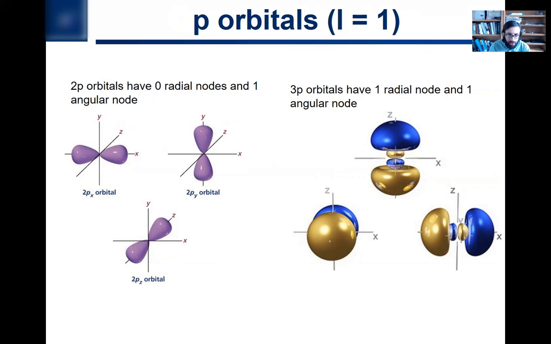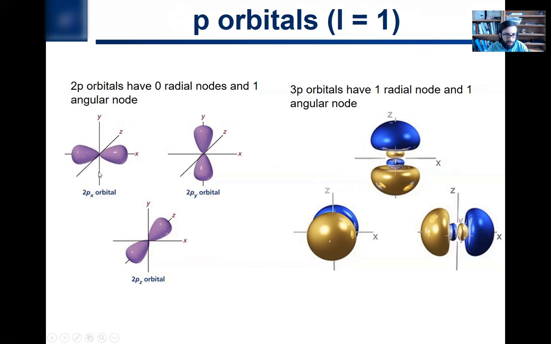We just like to look at the pictures, but the p orbitals, as you know, are dumbbell shaped, and they're going to have another type of node. Okay, they're going to have what we call the angular node, and in one direction, there's 3 p orbitals now, because you can have m sub l be -1, 0, or +1. And depending upon the orientation of these dumbbells, that angular node is going to be in a different spot.